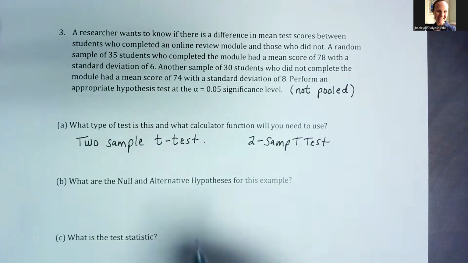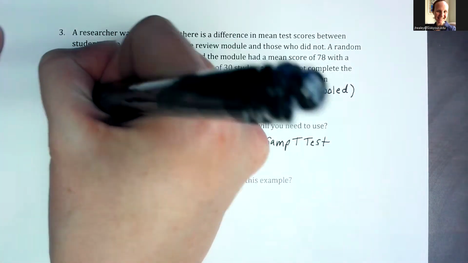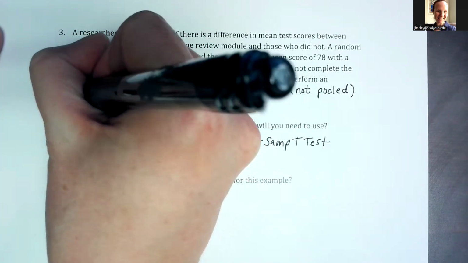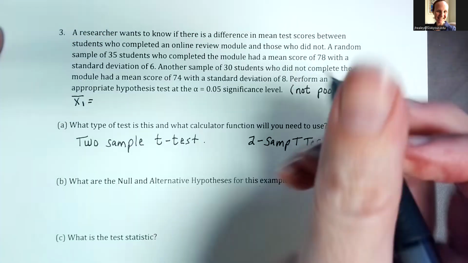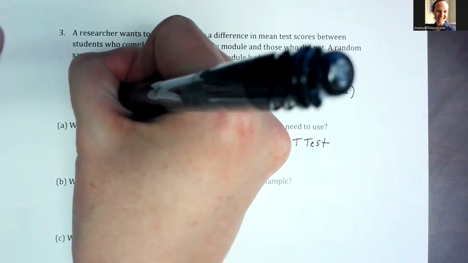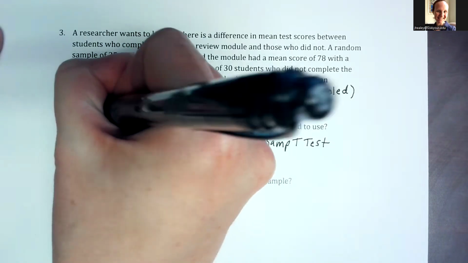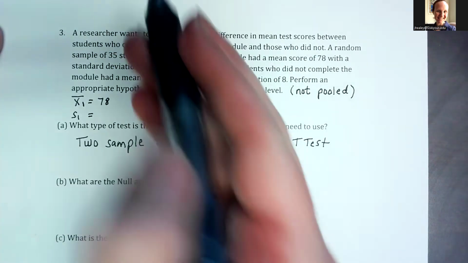In terms of what they told us up here, they gave us an X1 bar, the mean for the first group, and that was a 78. They gave us a sample standard deviation for the first group, and that one was 6.